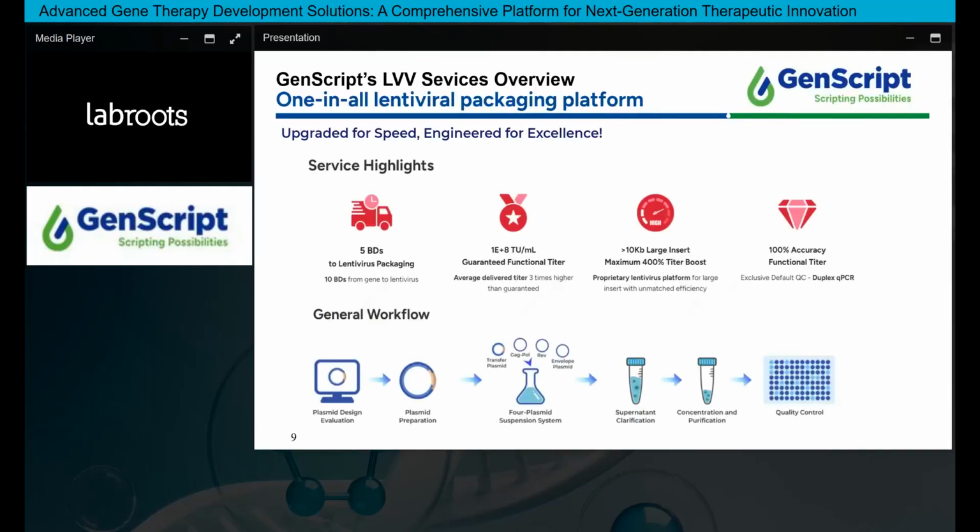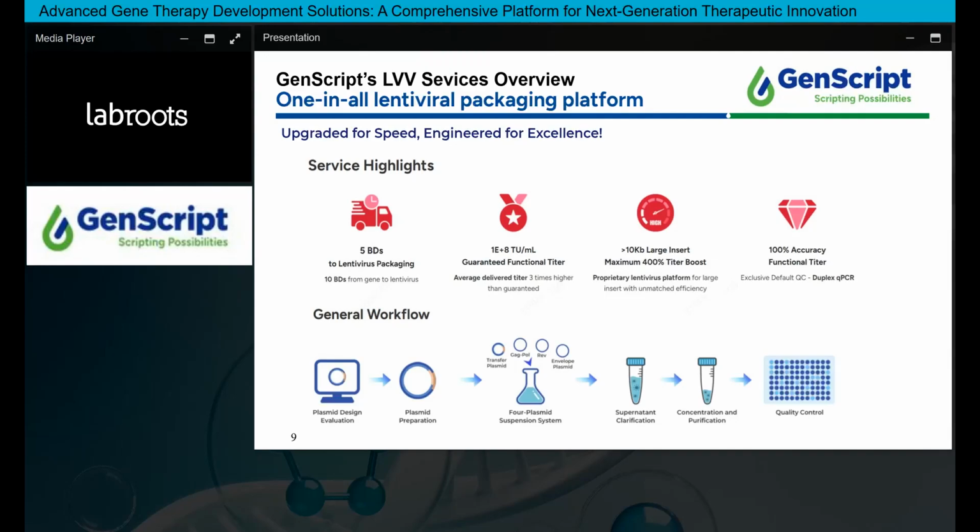So we just learned about the common pain points of time, titer, consistency, and toxicity. At GenScript, we are engineering an all-in-one lentiviral packaging platform from the ground up to directly resolve these problems for you. It starts with a commitment to speed and reliability.